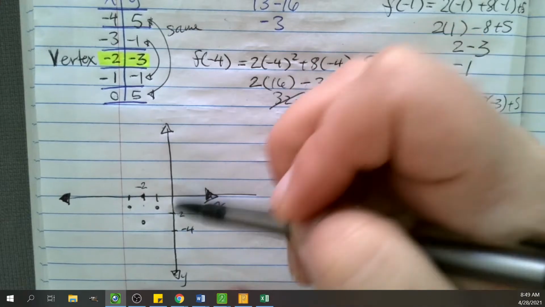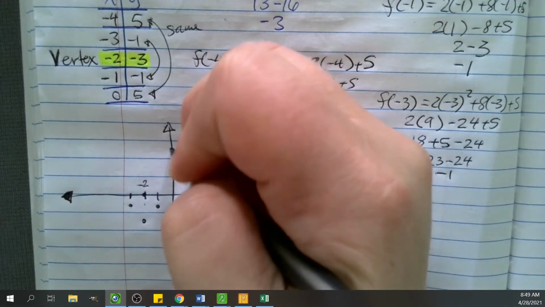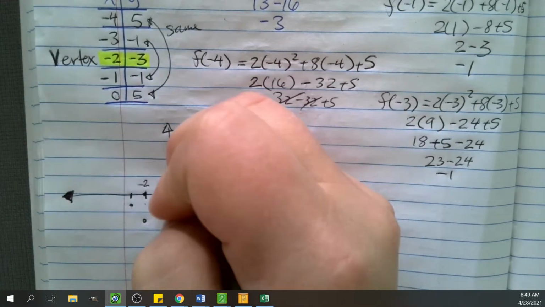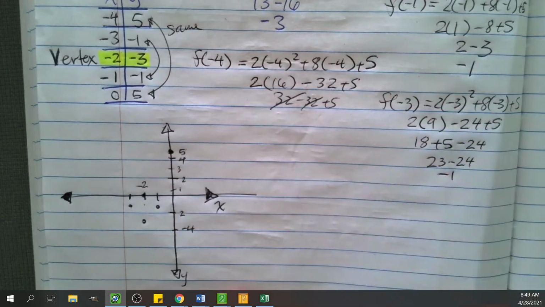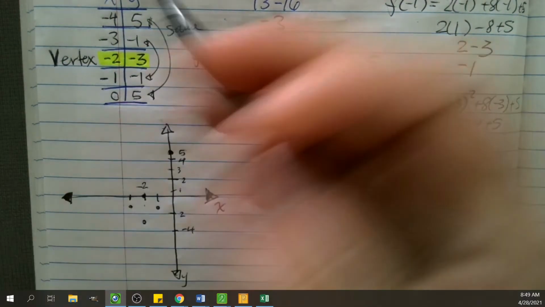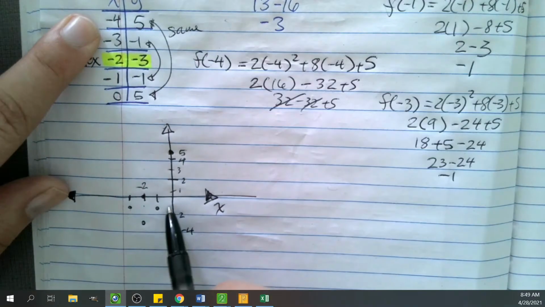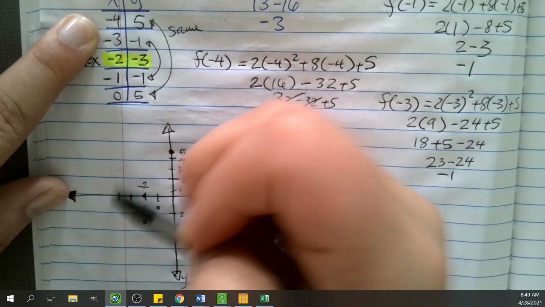It's going to be on the line, yeah. I'm going to go up to 5. Now I'm just counting these lines as 2s. Okay. And then -4, 5, so left 4, and then up 5.